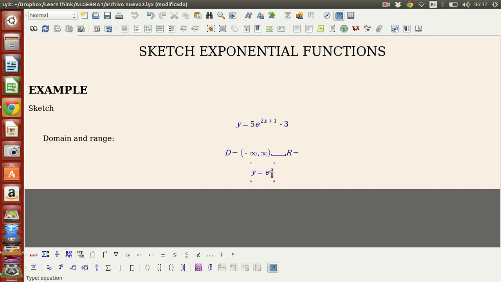What does it mean? That if x is minus infinity, y is going to be 0.